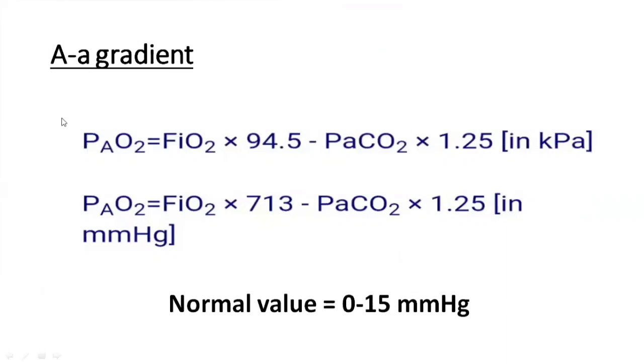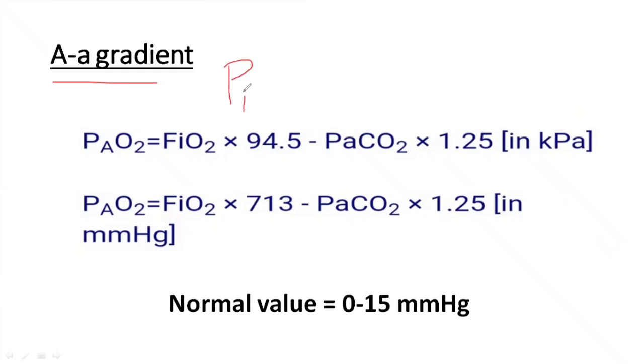Because we are doing the respiratory component, when you have an ABG, you have to go for the pH ratio. This pH ratio is actually PaO2 divided by FiO2. What is the AA gradient?